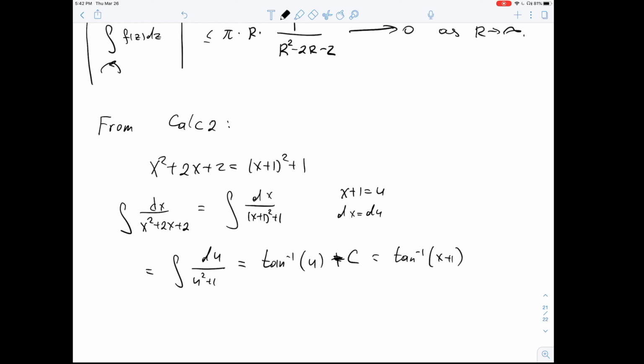C is a constant. And now I need to plug plus and minus infinity, so the limit of tangent inverse when x goes to infinity is pi over 2. The limit at minus infinity is minus pi over 2, so we'll get pi over 2 minus minus pi over 2, which is pi.